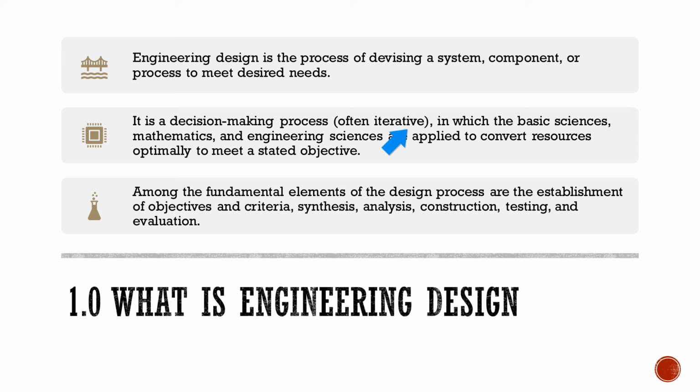The meaning of iterative process is that the design process usually happens many times, which is repetitive, in which basic science, mathematics, and engineering science are applied to convert resources optimally to meet the stated objective.